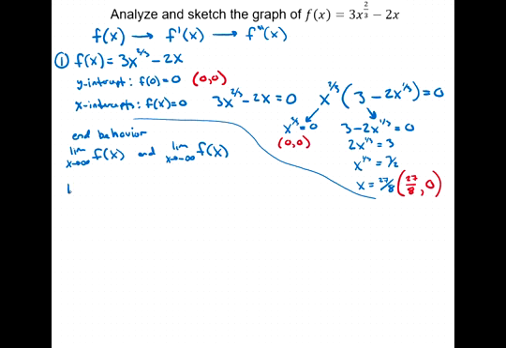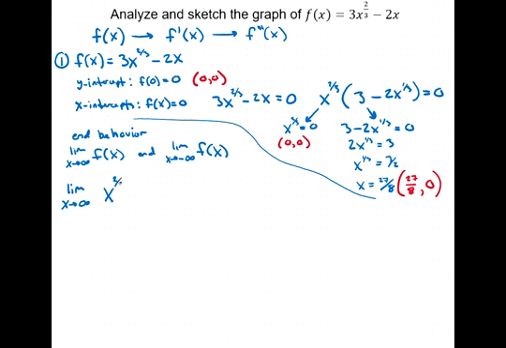All right, so let's look at behavior on the right. The limit as x approaches infinity of 3x to the 2/3 power minus 2x, and let's actually use the factored form.